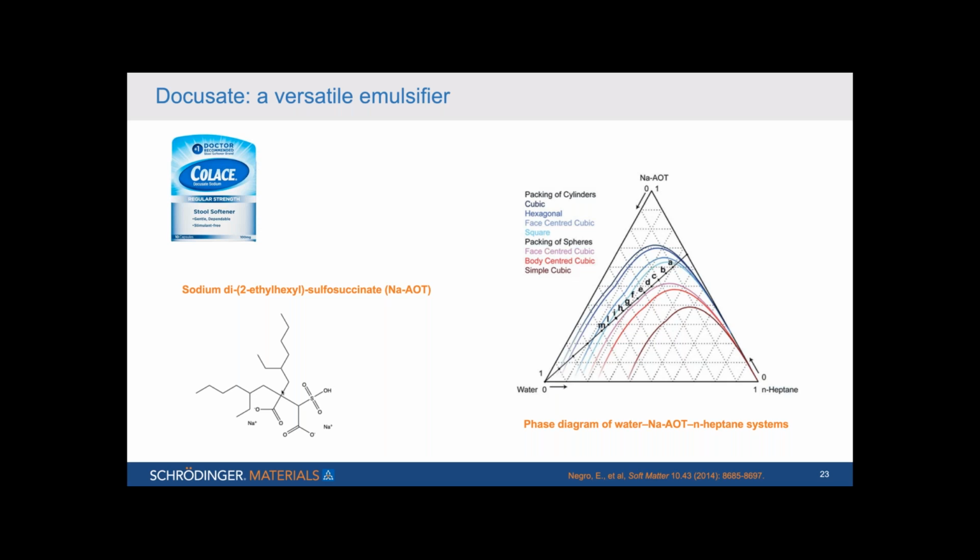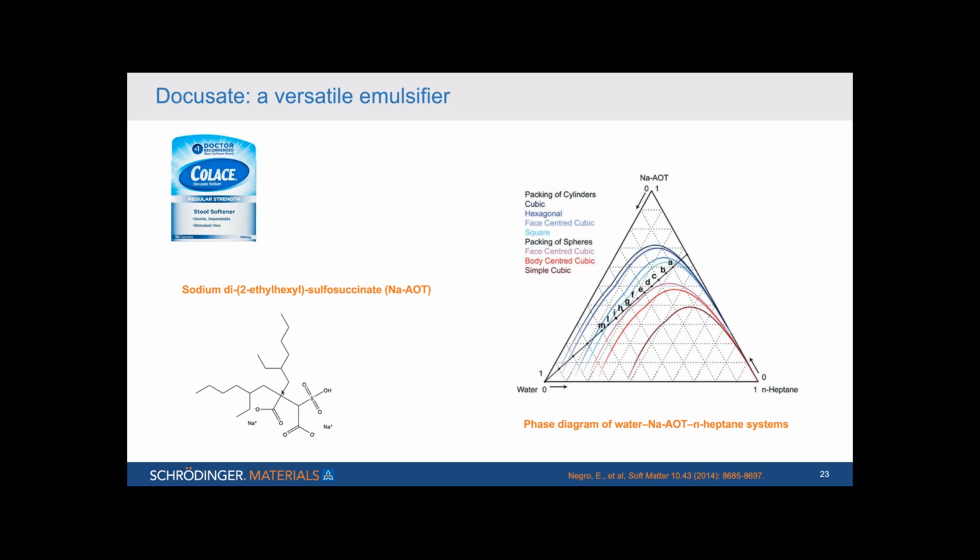It's pretty well known. You can find it on your shelf. And understanding the morphology behavior really affects this surfactant and its ability to form different types of micelle shapes.